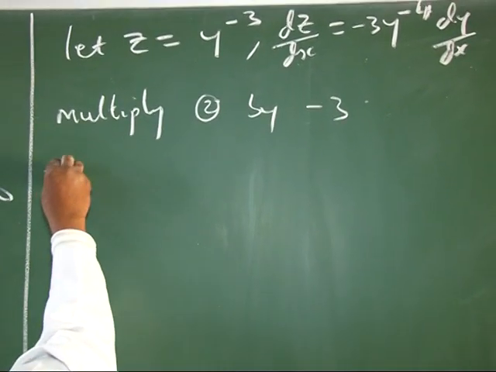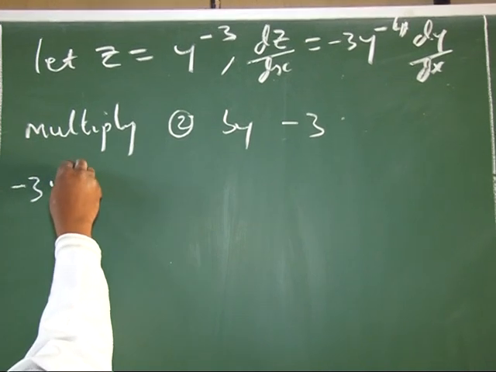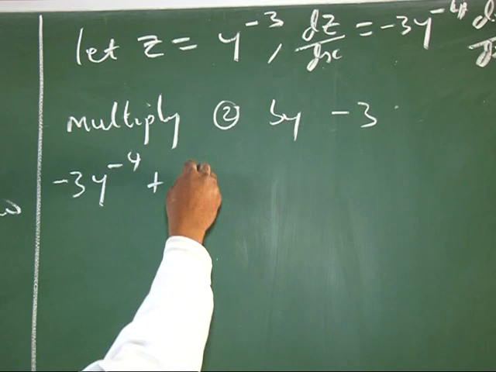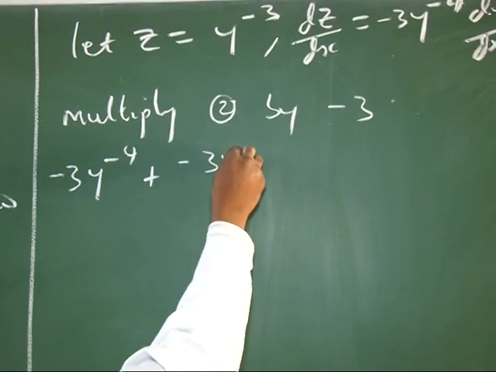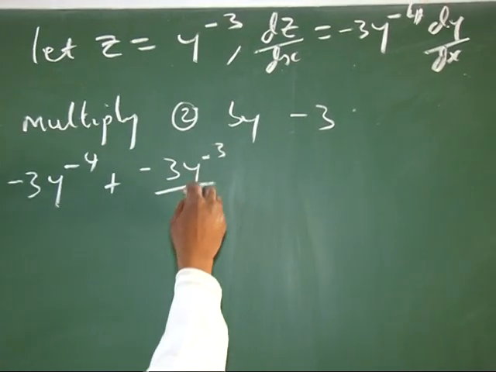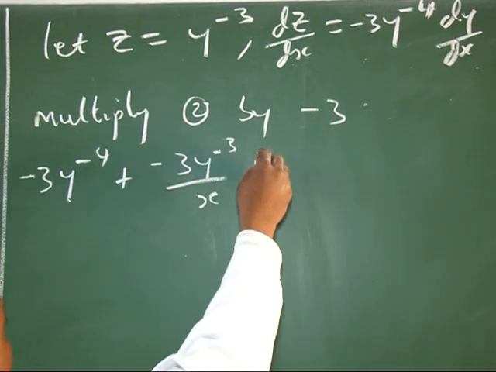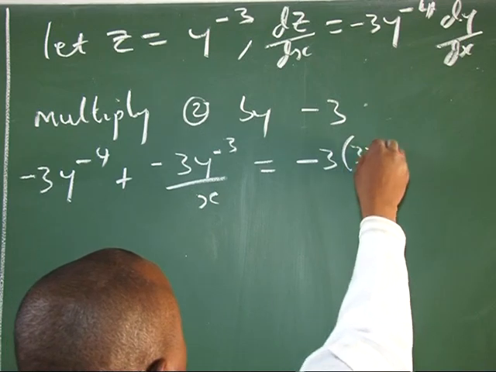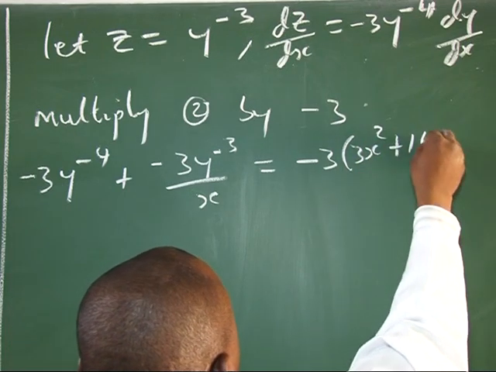If we do that, we have minus 3y raised to negative 4 dy/dx plus minus 3y raised to negative 3 all over x will be equal to minus 3 times 3x² + 16.